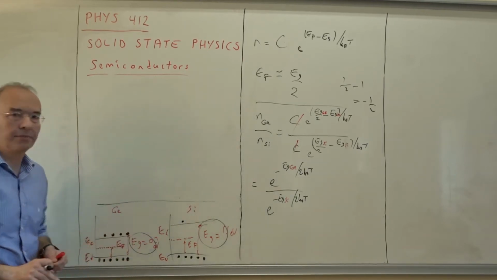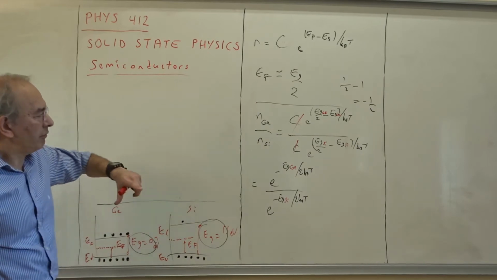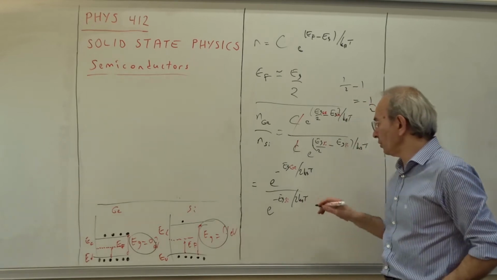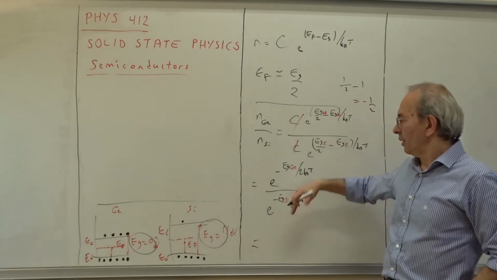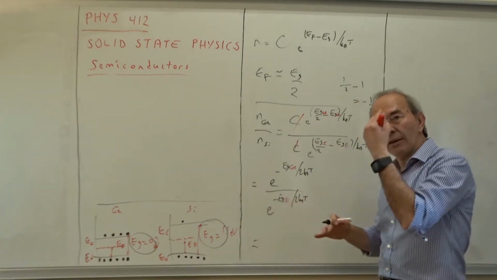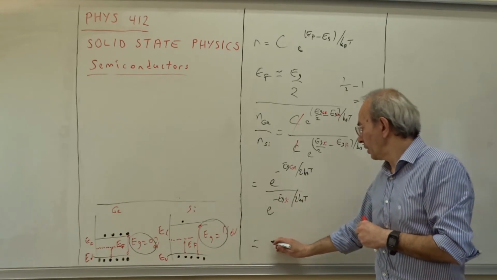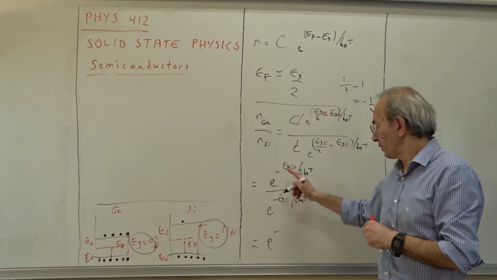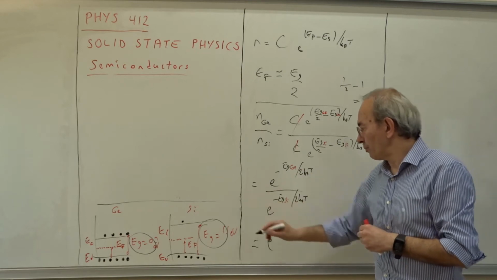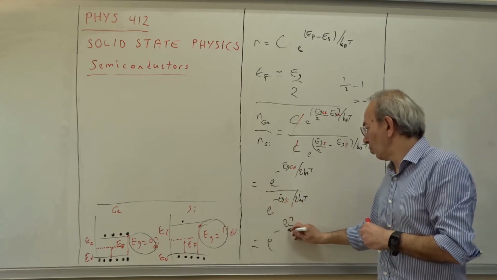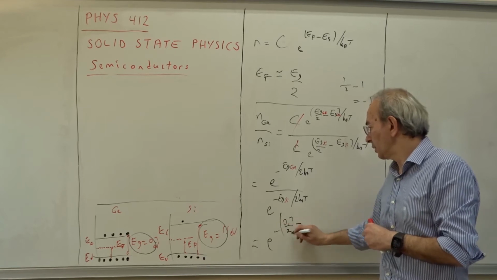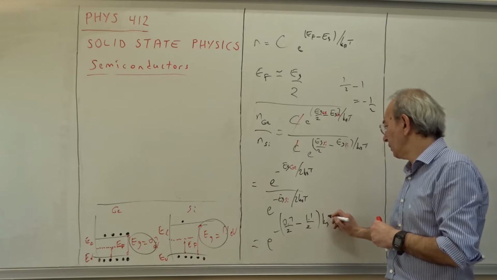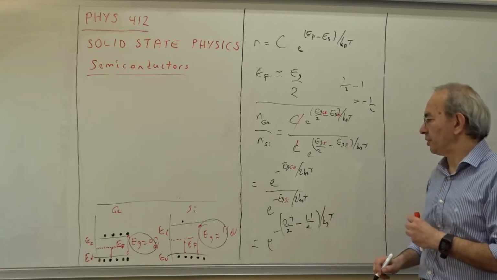I'll keep this picture on the board. Now, the rest is very simple, of course. How do we continue from now on? The denominator goes up because they are both exponentials. So we have e to the minus germanium 0.7 over 2 minus 1.1 over 2, divided by KBT.